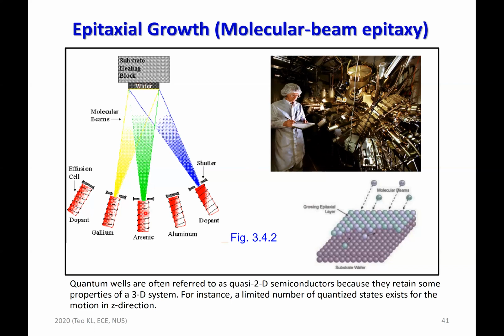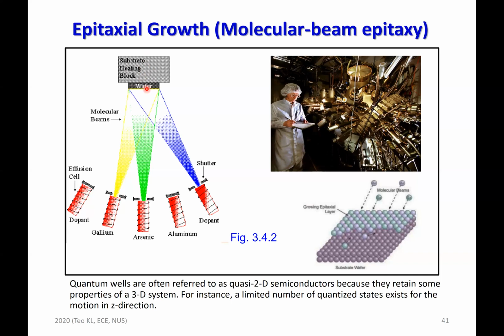As they travel along this path, the atoms, let's say gallium and arsenic, do not react until they reach the wafer. And behind the wafer, there's a heating element, basically to heat up the wafer. So the atoms of gallium and arsenic and aluminum can react on the wafer.